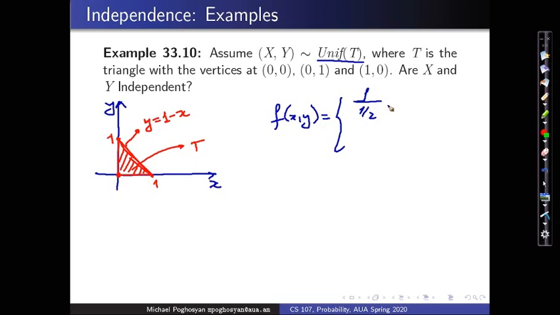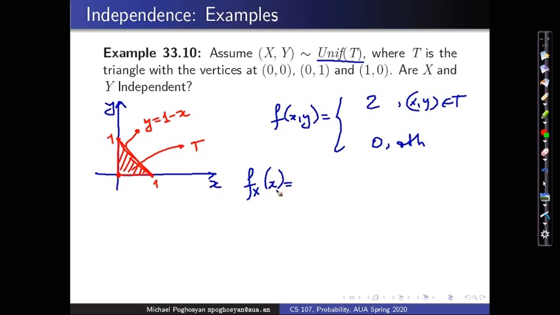So I will have 2 here if (x, y) is in that triangle, and 0 otherwise. So let me erase and write just 2 here. This is the joint PDF. Now I need to calculate the marginal PDFs for x and y.